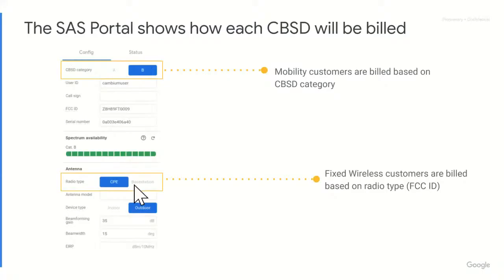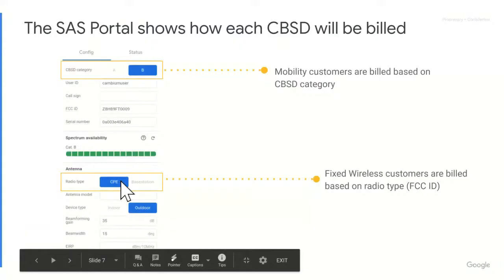And that is what determines your pricing for fixed wireless. Because again, for fixed wireless, it's $2.25 per link. And the link is to a CPE. If it's base station to base station, that's free of charge. So you can double check that information right in the new SAS Portal UI.